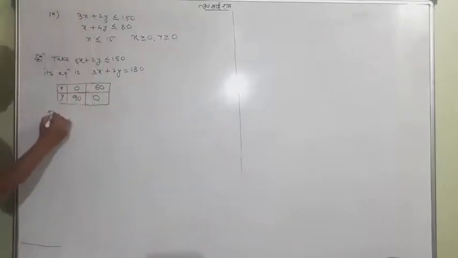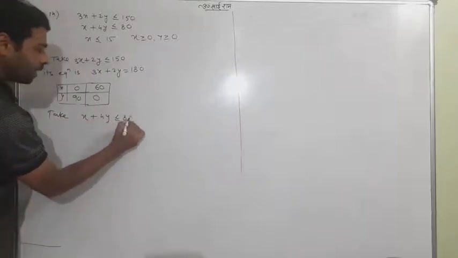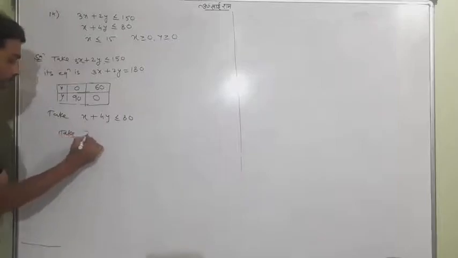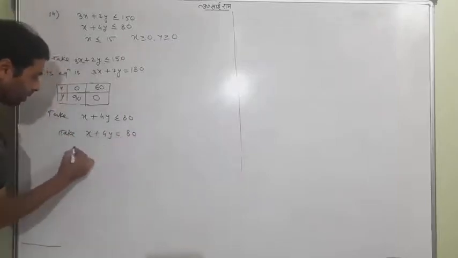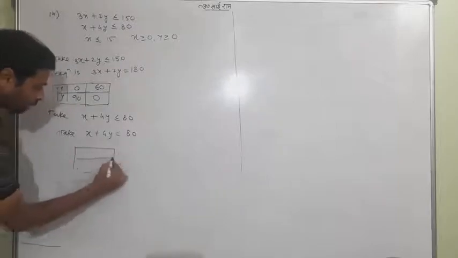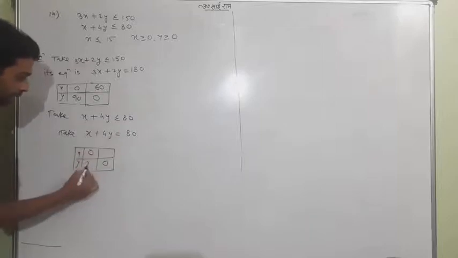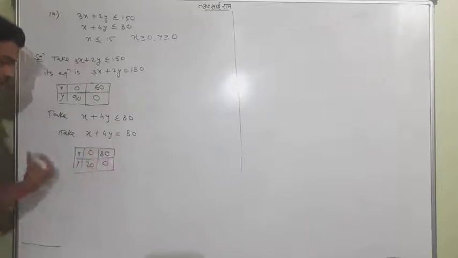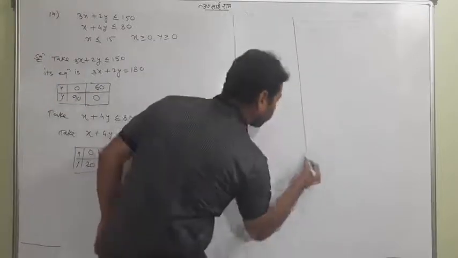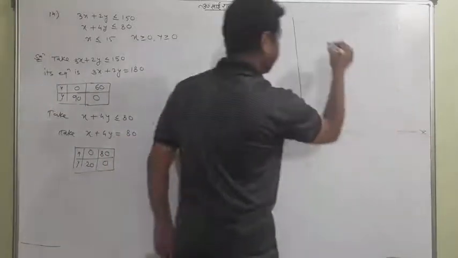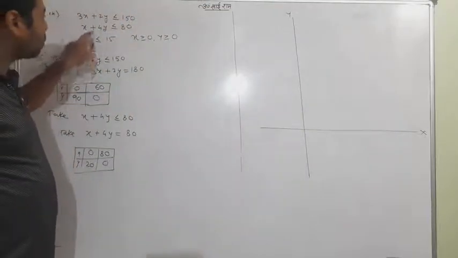First, I want to take one more inequality, x plus 4y less than 80. Taking its equation, x plus 4y equal to 80, I'll choose again some x and y. For x equal to 0, y is 20, and for y equal to 0, x is 80. Now it's time to go on the graph. This is x and y, and one more thing is 15.